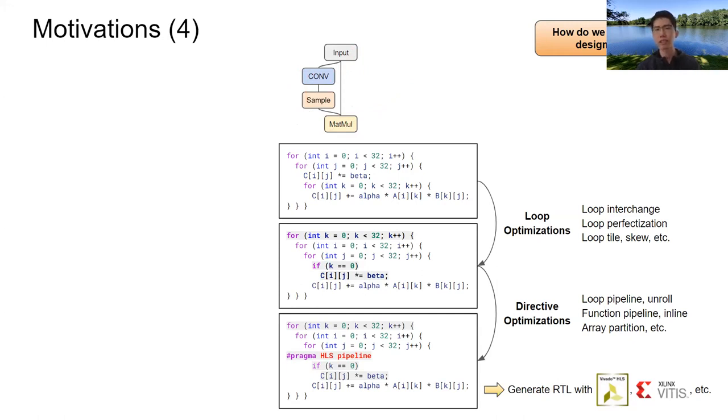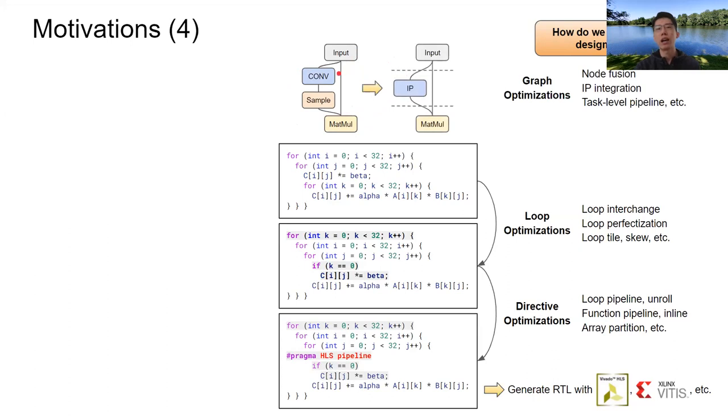And at this level, we also have multiple optimizations that can be applied. For example, assume we can fuse the convolution node and the sampling node into one node, and map it to an optimized hardware IP. Then we will have 3 nodes in the graph. And then maybe we want to make these 3 nodes work in parallel.